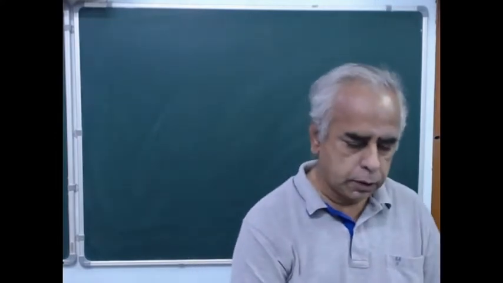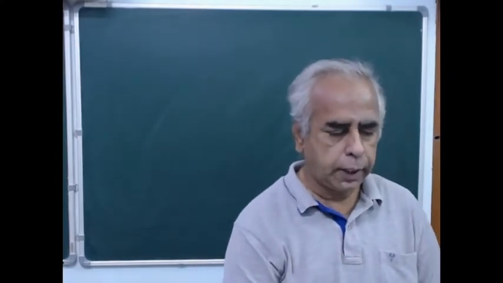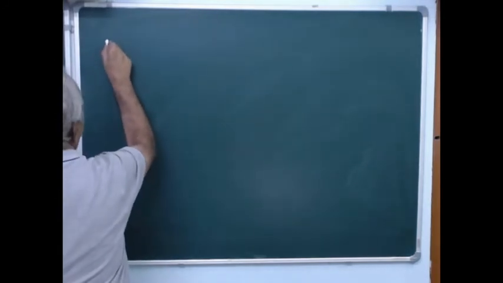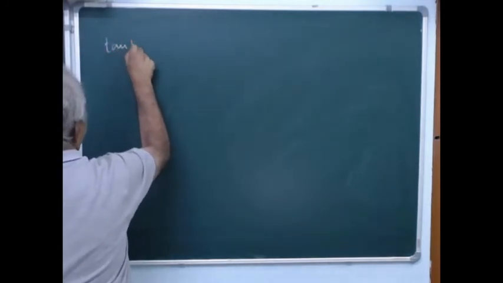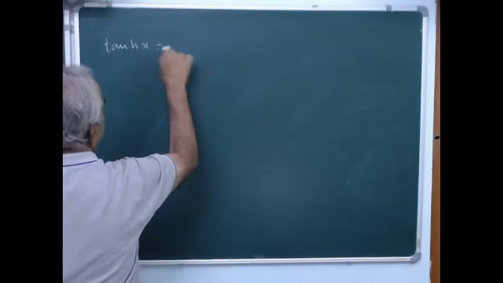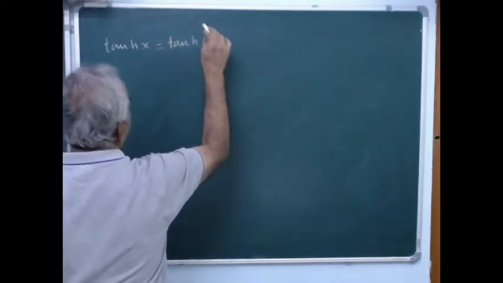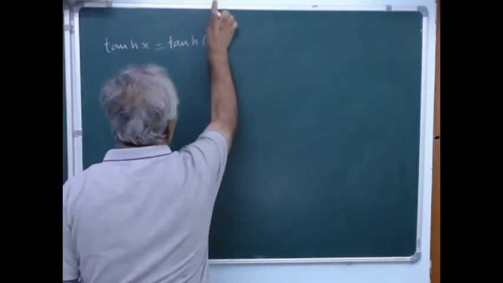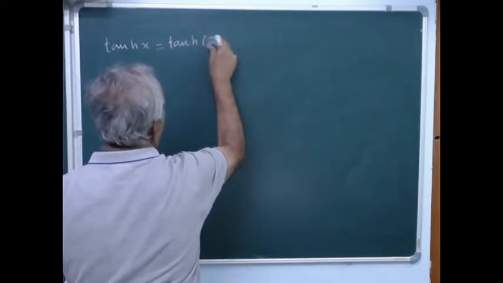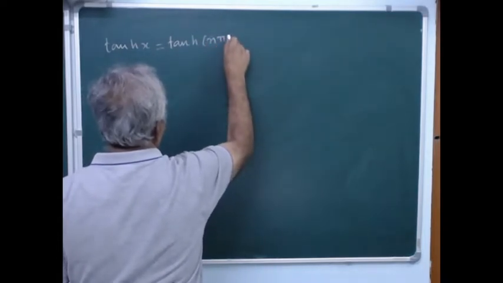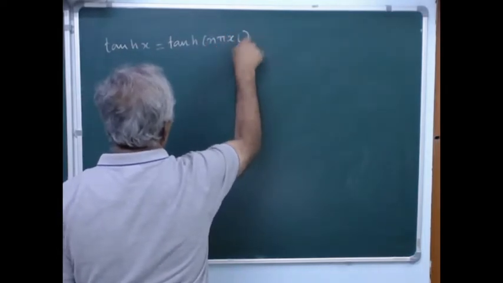So similarly we can prove that tan hx, the hyperbolic tan function of x, that is tan h of x plus n pi i is equal to tan h of x, with x inside.